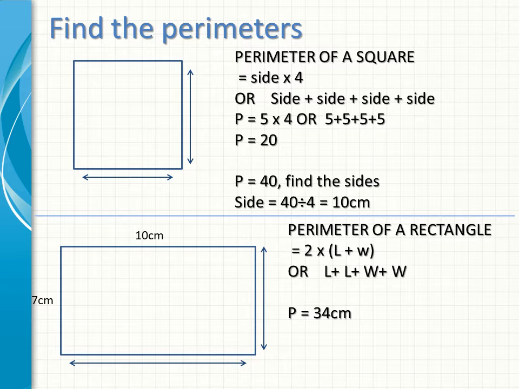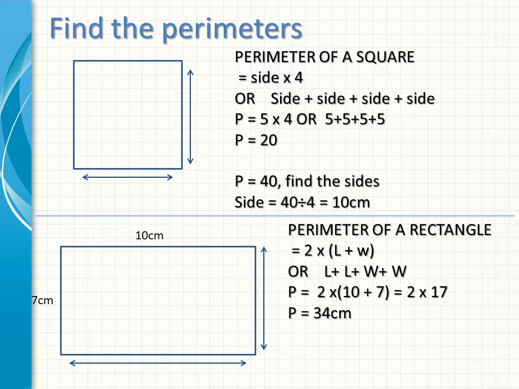And what is our width? 7 centimeter. So 10 plus 7 is 17. And our formula says 2 multiplied by length plus width. Since we now know that our length and width is 17 when added together, let's multiply it by 2. So our perimeter is 34 centimeters.